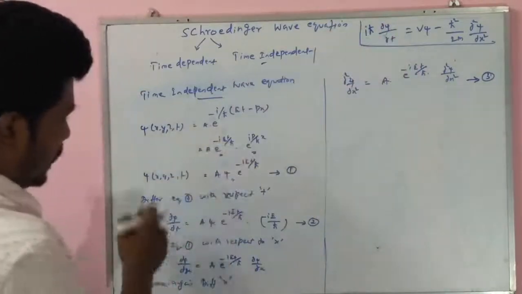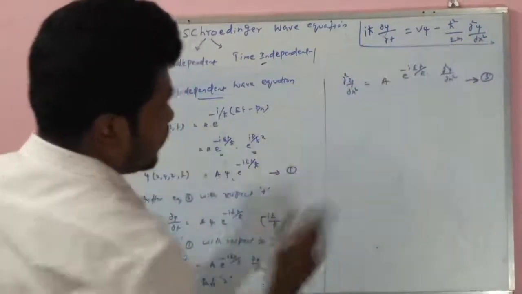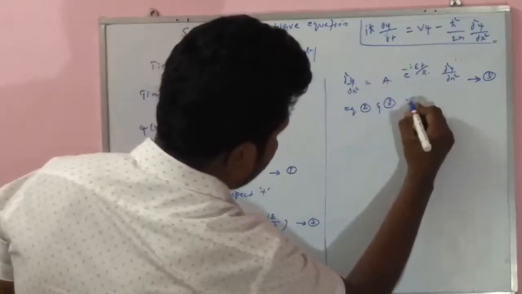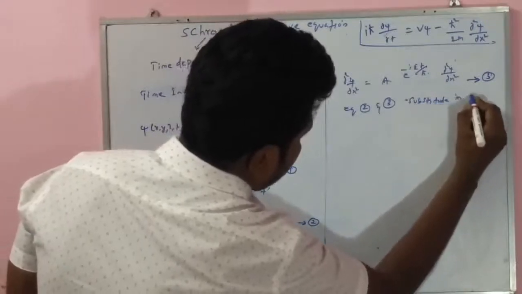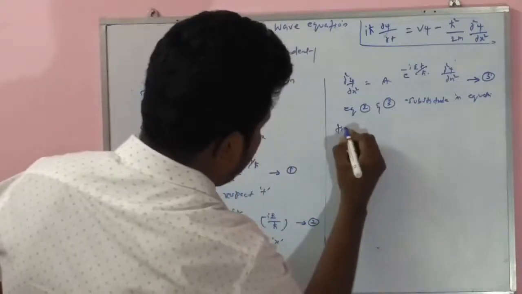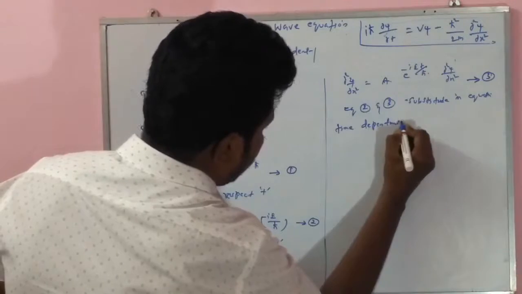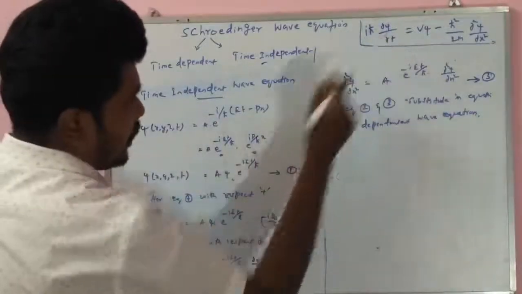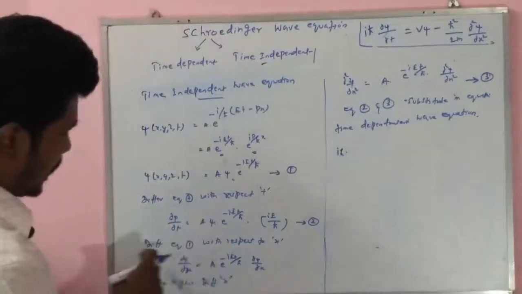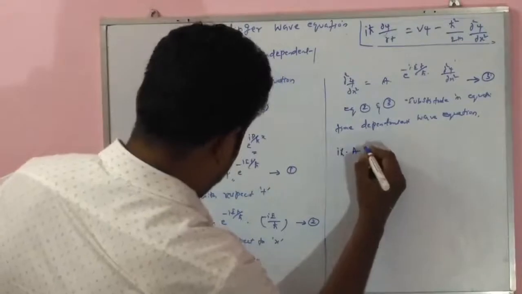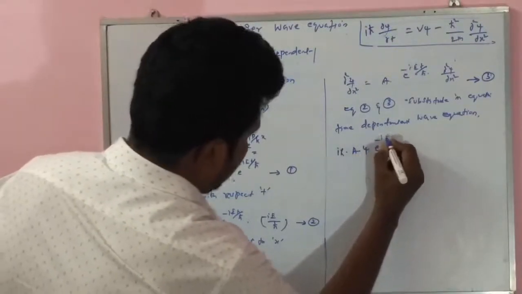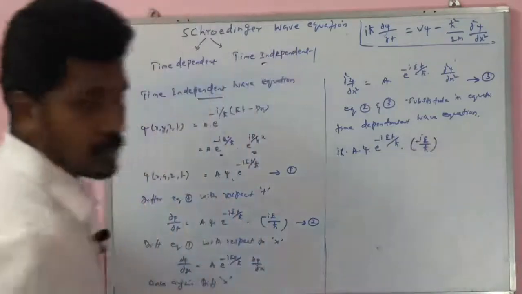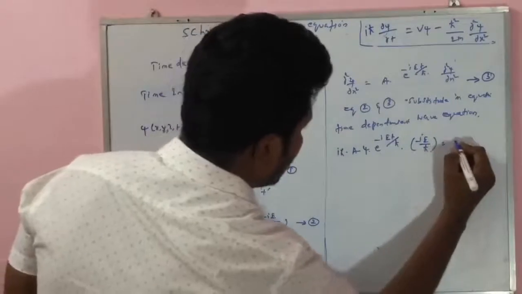This is the time dependent wave equation. So iħ ∂ψ/∂t, here is ∂ψ/∂t and here is ∂²ψ/∂x², so A into ψ e^(-iEt/ħ) into minus iE by ħ.